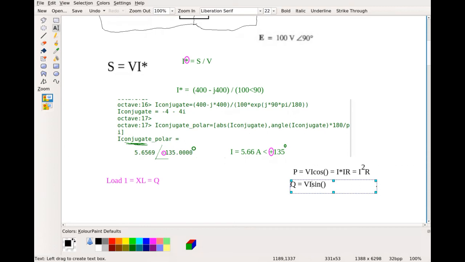But we know that for the voltage, this is just an inductor, and so there's a 90-degree phase angle here. So the cosine, I didn't put that up there. That was the cosine of 0.